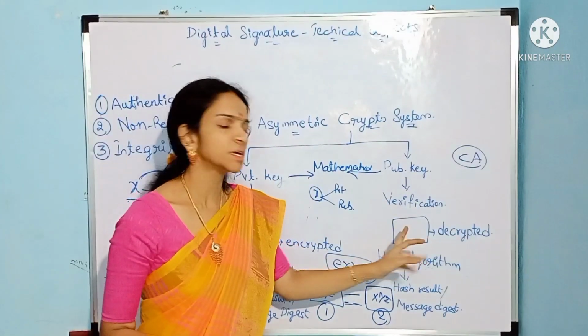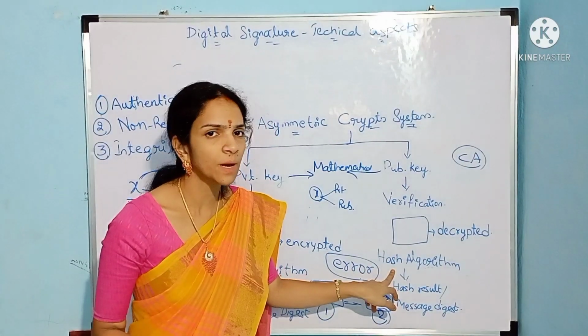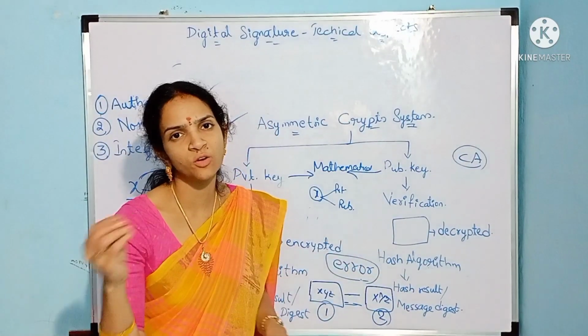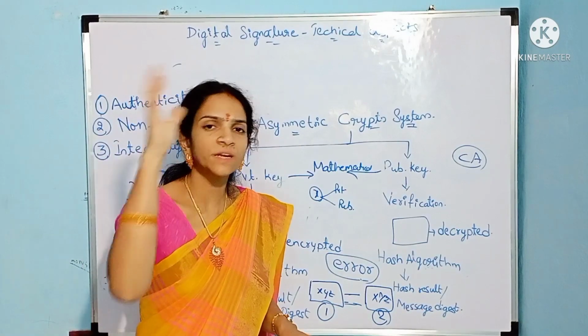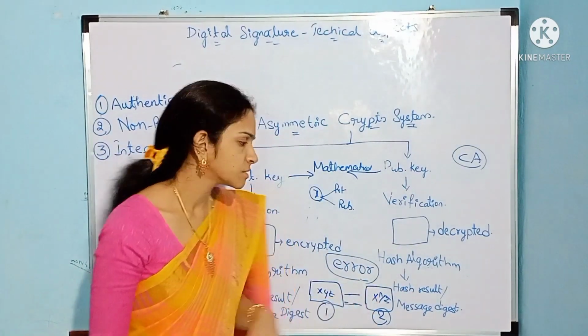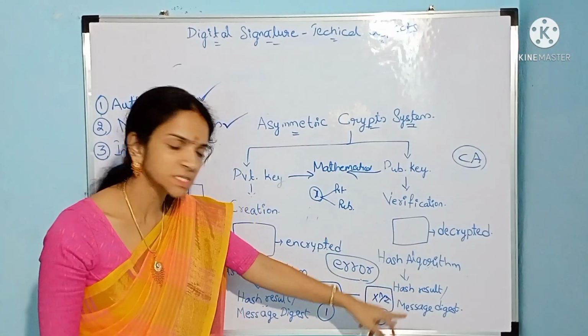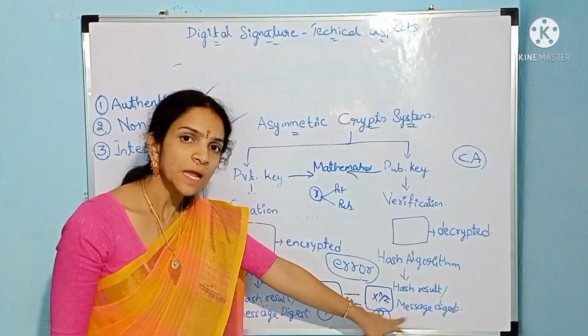Afterwards, once it is sent, at the time of decryption also, the hash algorithm will be applied again. A hash algorithm is nothing but an application which will be run by the system, not by the person. Clear? So the hash algorithm will be applied and again a hash result or message digest will be generated.